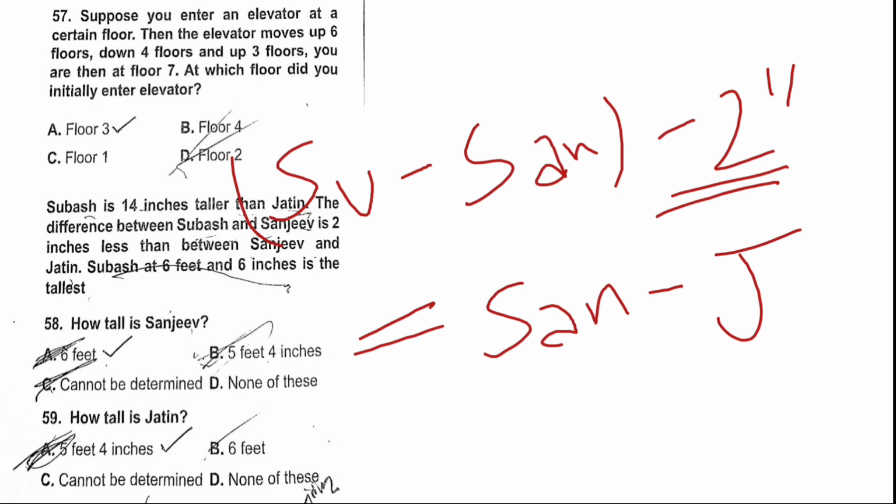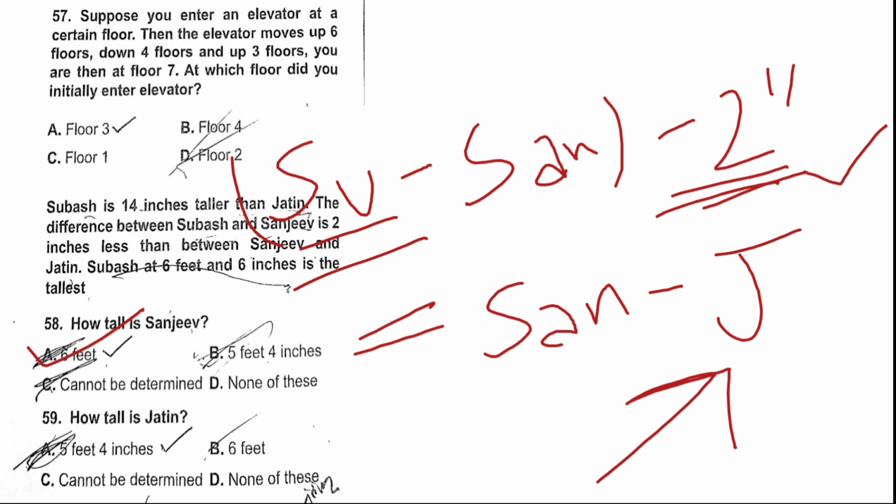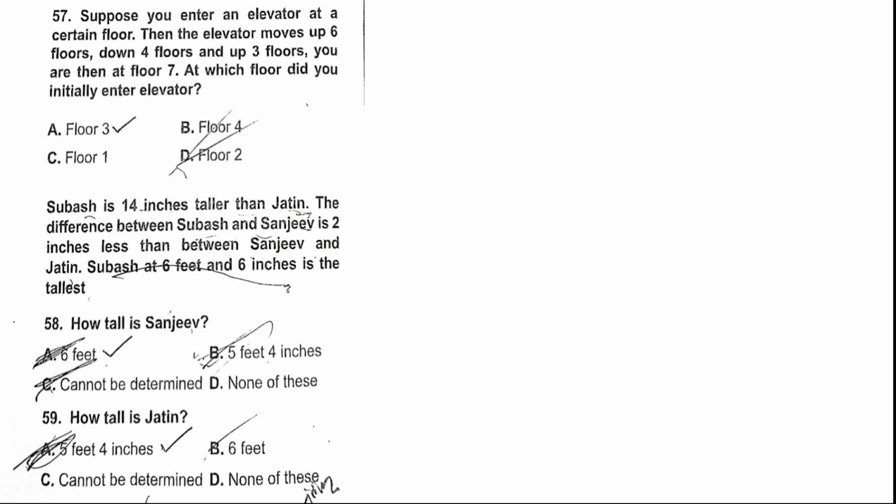From the previous equation, we have found the height of Jatin. We know the height of Subhash. Two is the less difference that we know. Solve this, and you will get the value as 6 feet. Okay, so moving to next question.